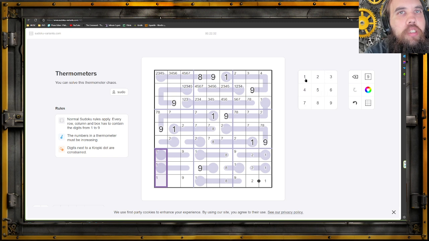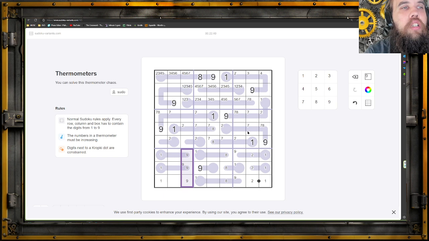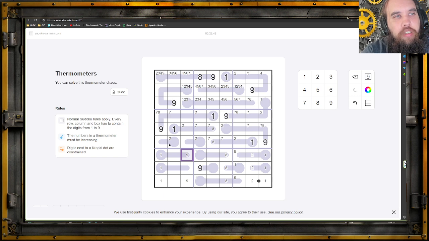Same thing with you guys. I'm going to kind of have to start looking at guaranteed logic versus things I've just been pencil marking. So I have to start differentiating these and saying, hey, this is super solid. This is not super solid.